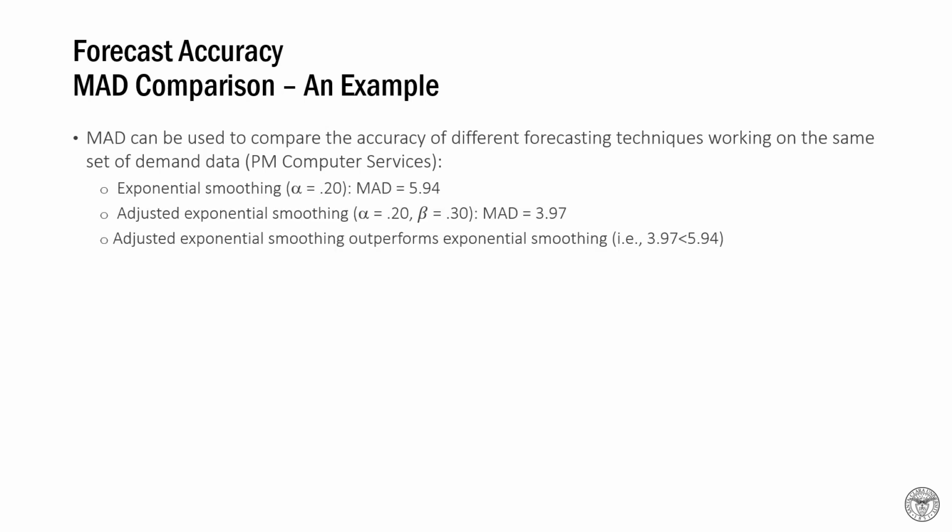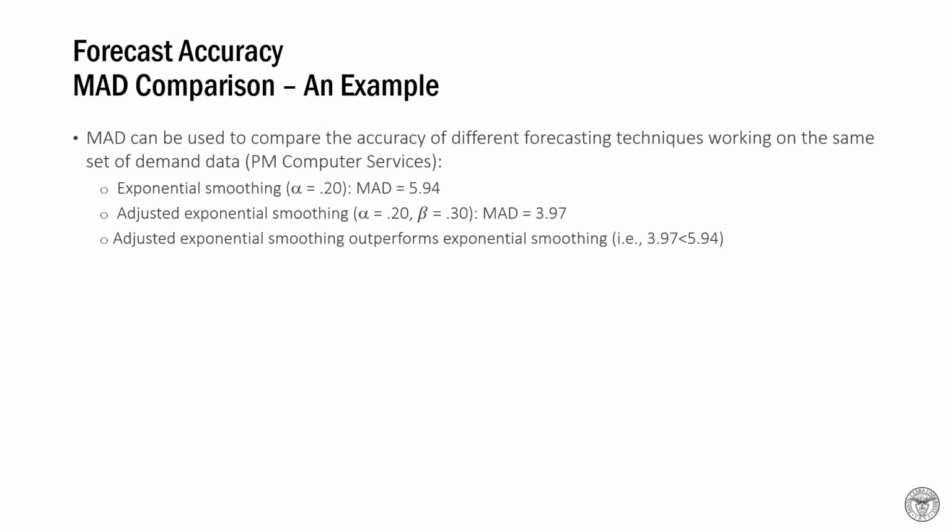For example, in a comparison conducted by PM Computer Services, the MAD for exponential smoothing with an alpha of 0.2 was found to be 5.94, whereas for adjusted exponential smoothing with the same alpha and a beta of 0.3, the MAD was 3.97. This comparison shows that adjusted exponential smoothing outperforms simple exponential smoothing, as evidenced by its lower MAD score.